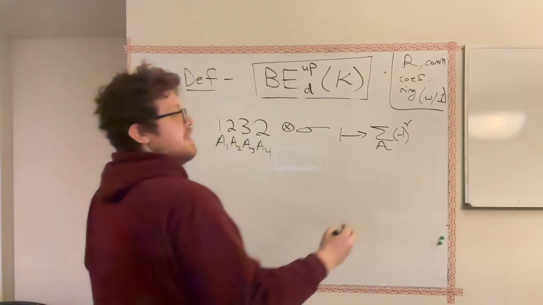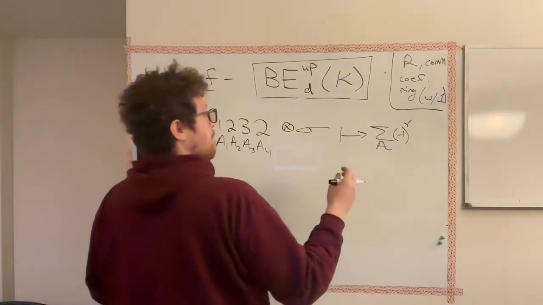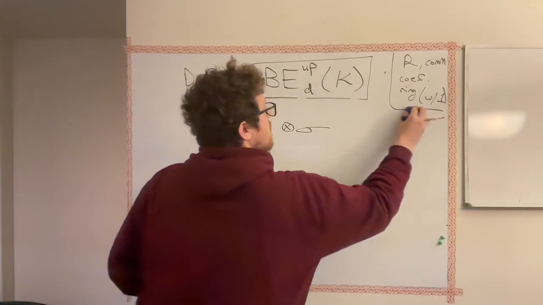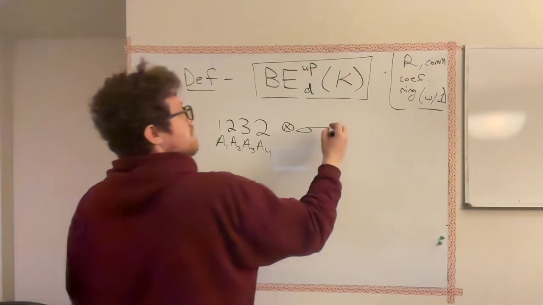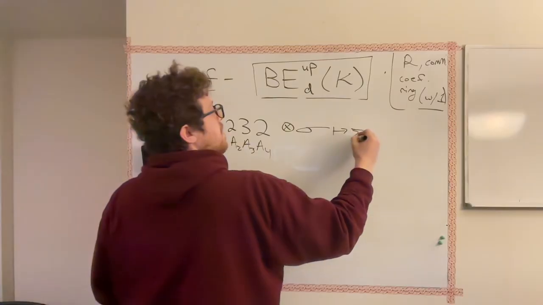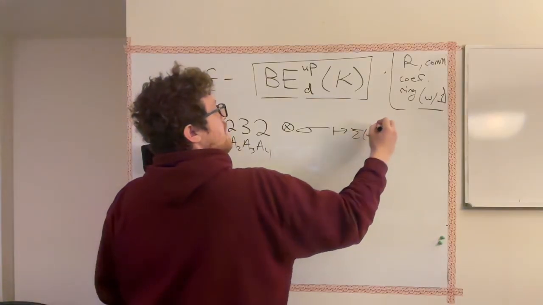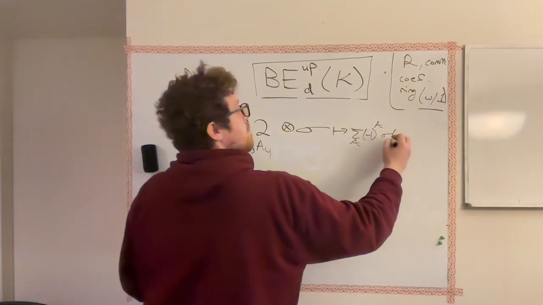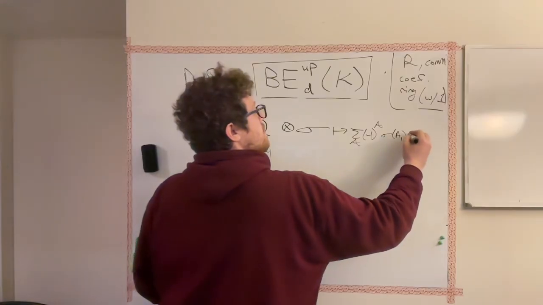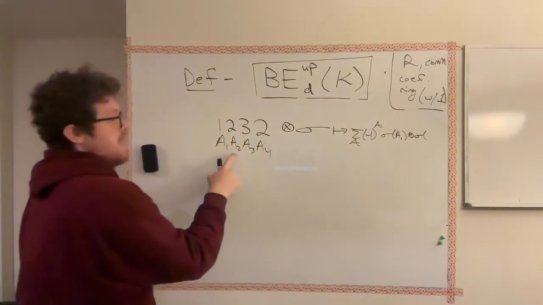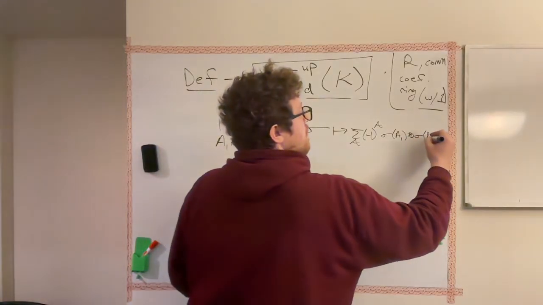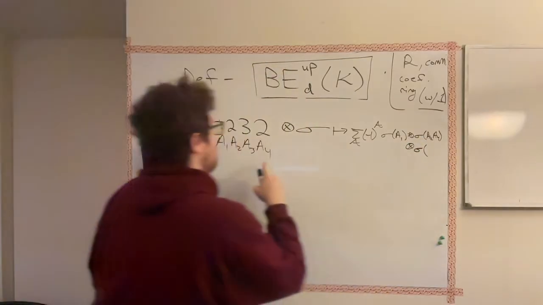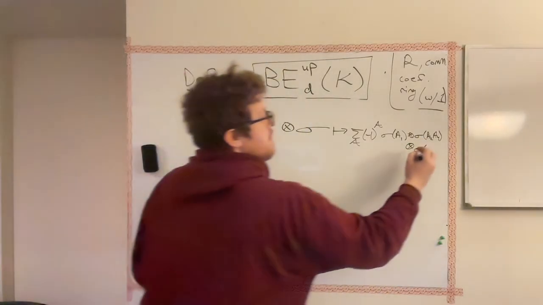So this gets sent to a sum, with some sign depending on the overlapping partition, of sigma of A1 tensor sigma of A2, A4 tensor sigma of A3.